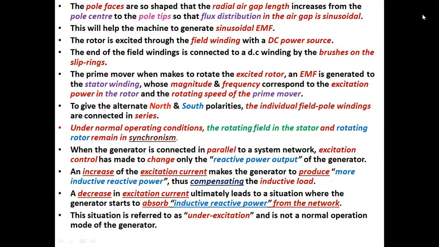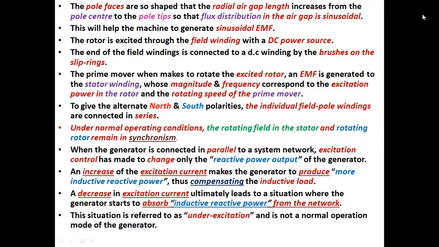When the prime mover makes the excited rotor rotate, an electromotive force is generated in the stator winding, whose magnitude and frequency correspond to the excitation power in the rotor and the rotating speed of the prime mover. To give the alternate north and south polarities, the individual field pole windings are connected in series.